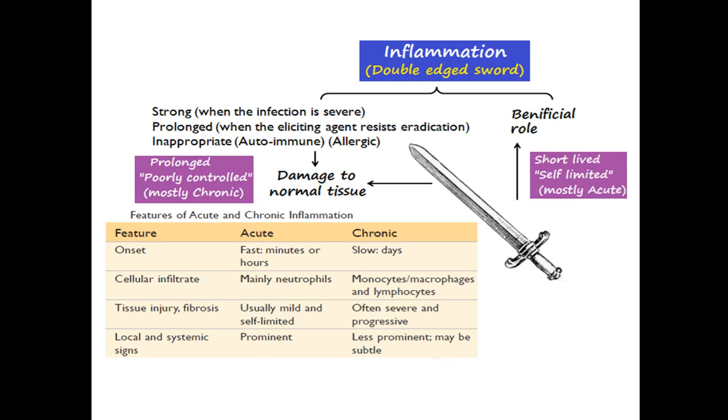But there are certain situations in which the immune cells fail to recognize the body's own tissues and proteins and develop an inflammatory response against them, resulting in a large group of diseases known as the autoimmune diseases. So in that situation, we say that the immune response is inappropriately directed.